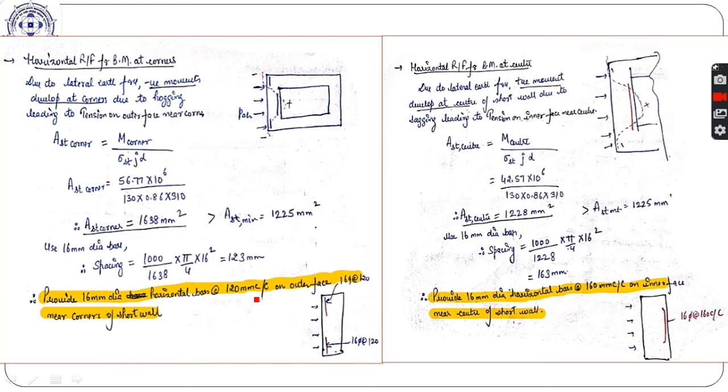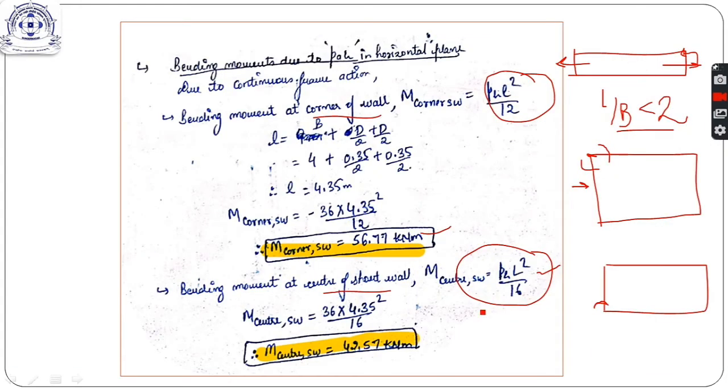But in the case of L by B less than 2, we had calculated the design moments as m corner minus t into x, if you remember, and similarly for central minus t into x, because there was some reduction in the moments.